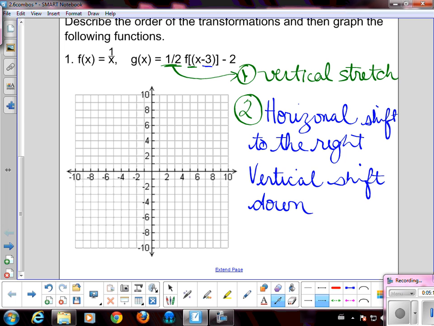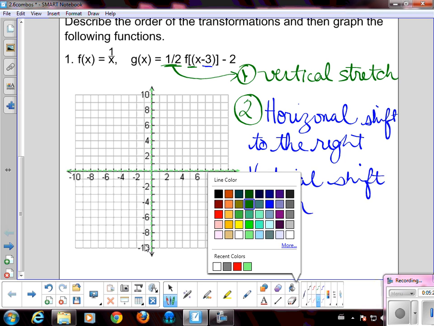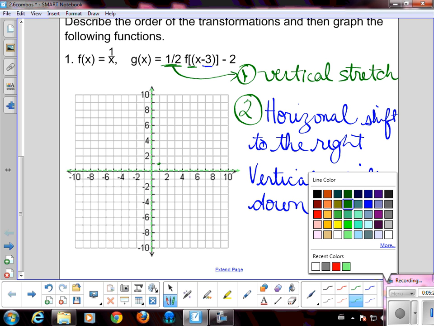So straight line, dotted, and let's make it light green. So we know that we have an asymptote there, an asymptote here, and if we go to graph it, we know that it's over 1, up 1, and then it's a creeper graph. Okay, now it's not a square graph here. It actually has a curve to it, and then it creeps along the axes. Okay, so that's my parent function, which is f of x.